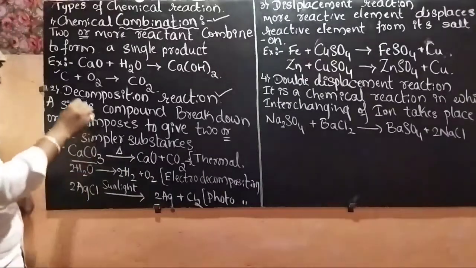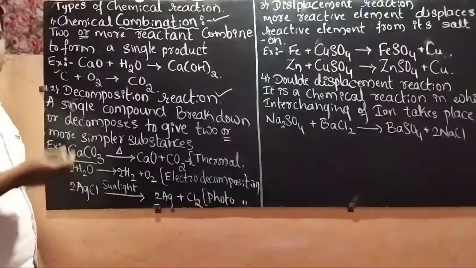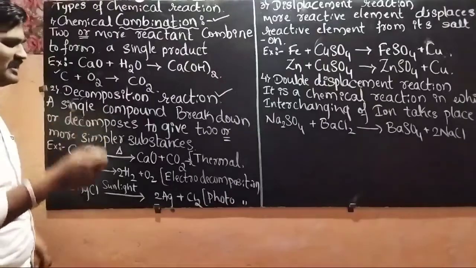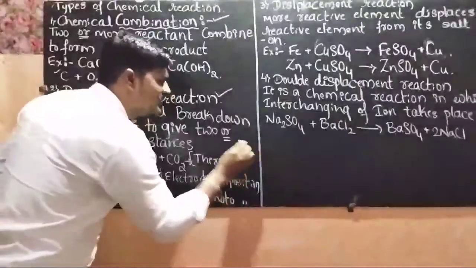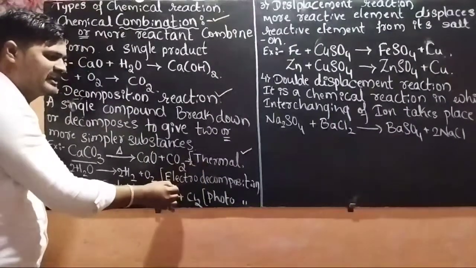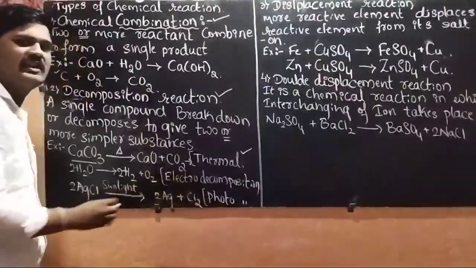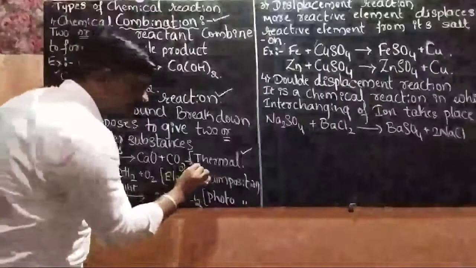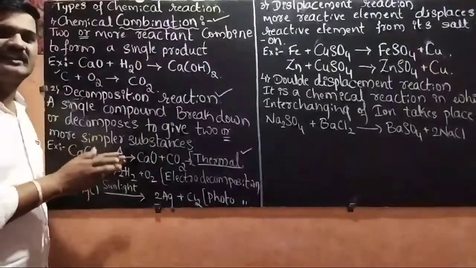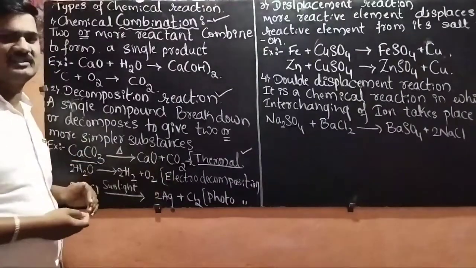In the decomposition reaction, three types are there. If you want, you can take it down. The first one is thermal decomposition, the second is electrolytic decomposition, and the third is photo decomposition. Thermal means heat energy is required to break down the compound into simpler substances.